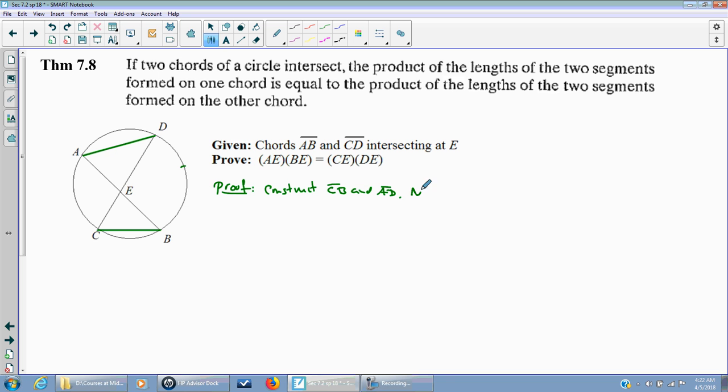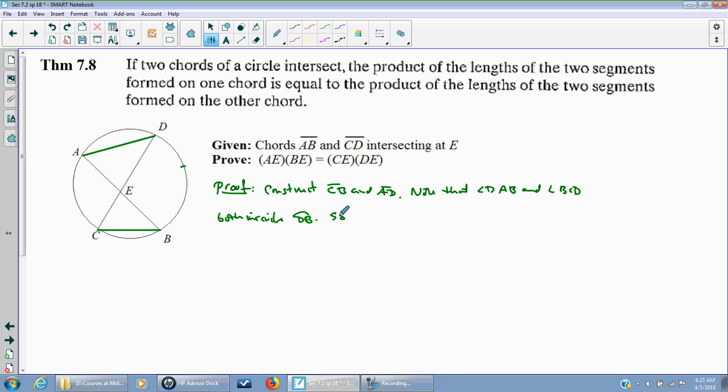So let's note that angle DAB and angle BCD both inscribe arc DB.